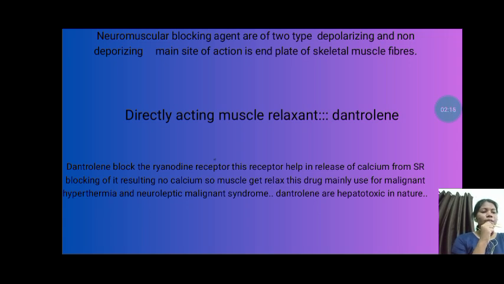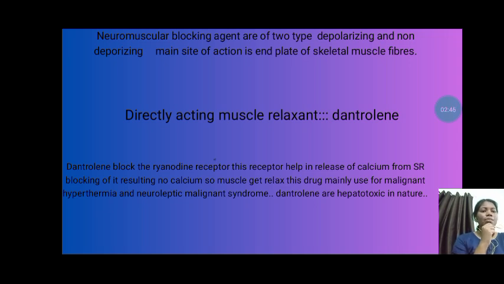When nerve impulses come, 1% calcium enters the cell, and this 1% calcium goes to the ryanodine receptor present on the sarcoplasmic reticulum and causes release of 99% calcium. This 99% calcium helps in muscle contraction. Now, due to the blockage of the ryanodine receptor by dantrolene, the 99% calcium is not released, so the muscle does not contract, leading to relaxation of muscle.